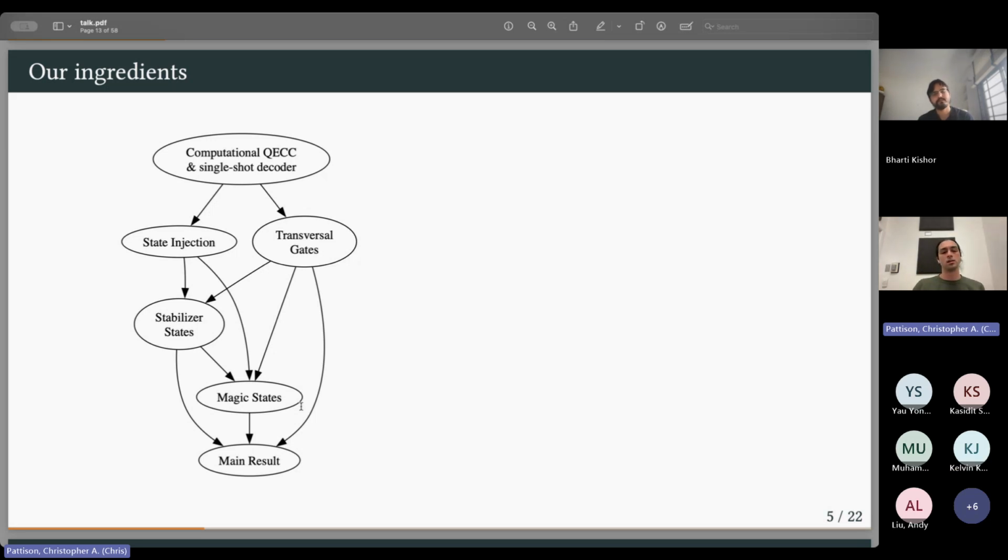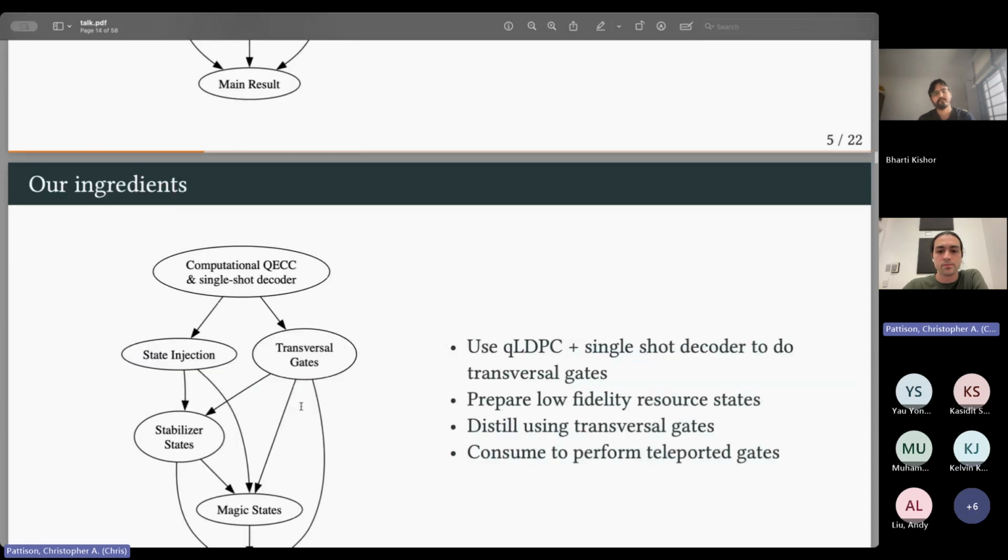Then we're going to use that to construct stabilizer states, which we're going to use to teleport Clifford gates. And then we're going to use all those Clifford gates to do state distillation to get our magic states for CCZ, and that's going to give us our main result, roughly. So that's the outline.